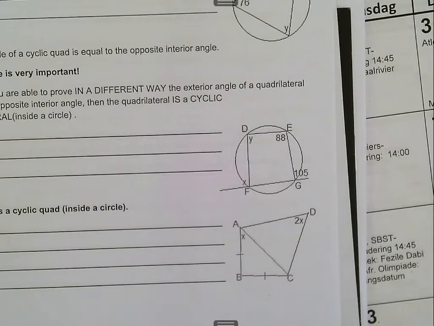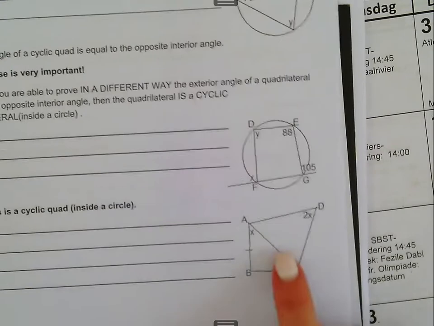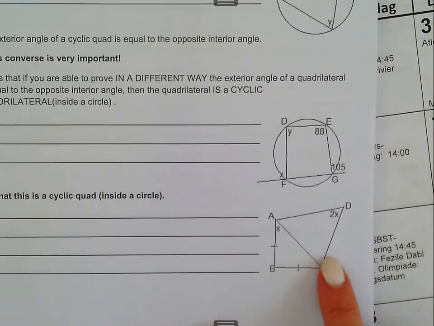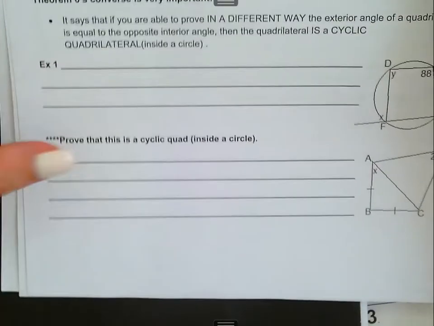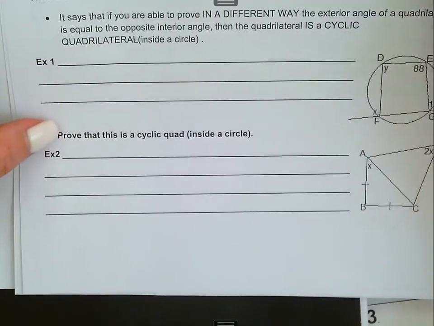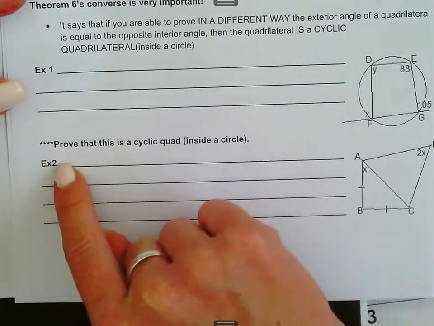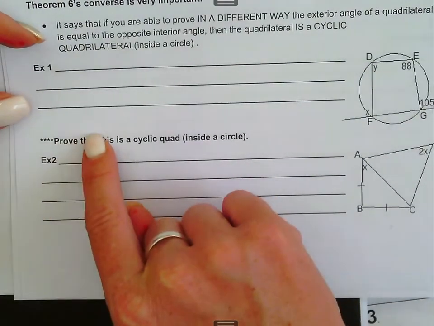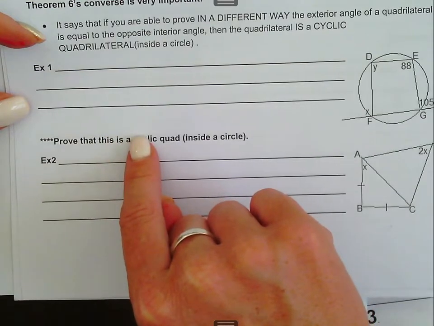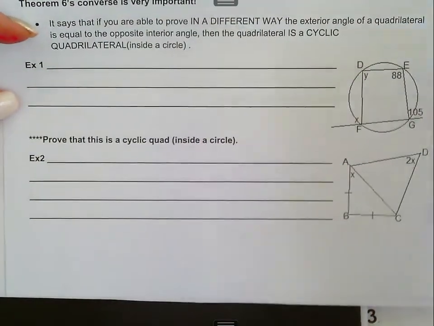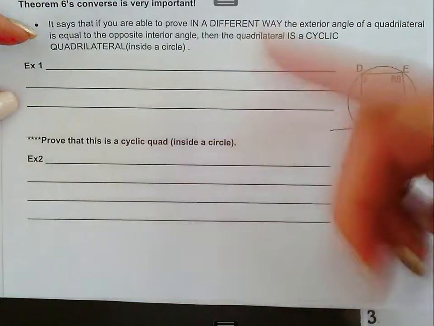I want to see if any one of you can prove that this is a cyclic quad with what we have until today. Okay. I just want you to take note in the way the question is stated. When they say prove that this is a cyclic quad, they are saying it is a cyclic quad. You must just show that it is.